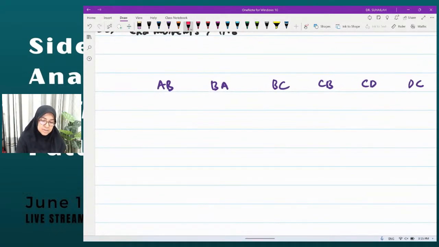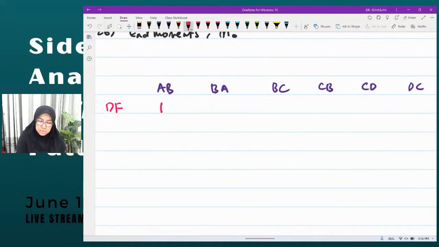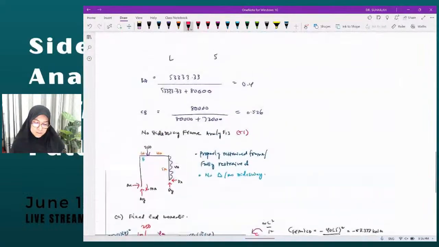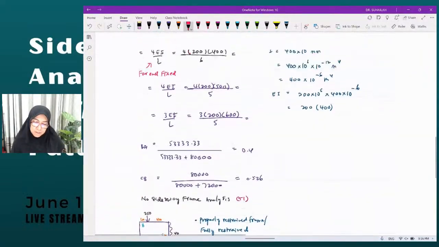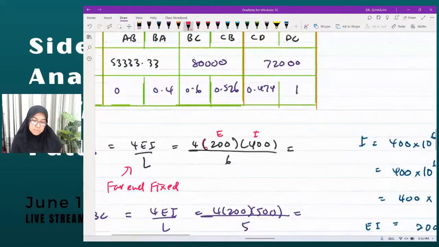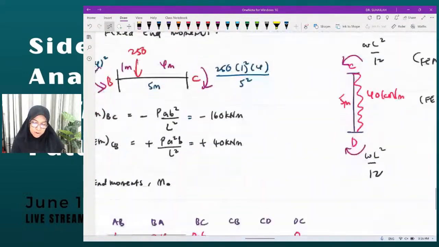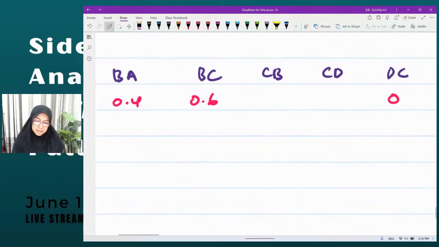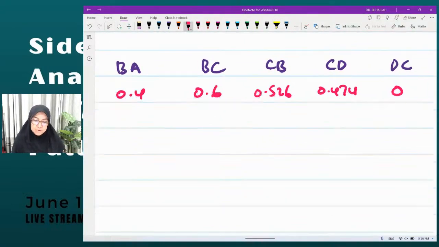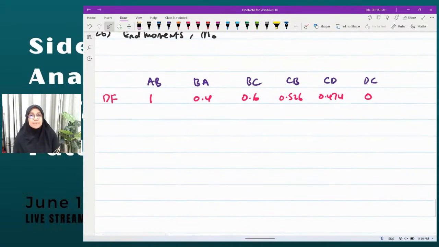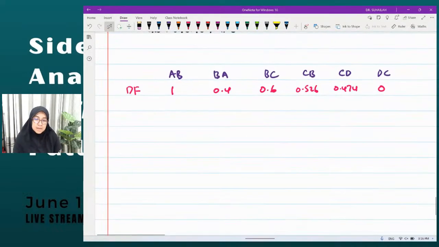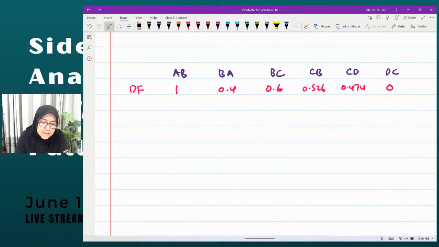Okay, so the distribution factors are 0, 0, 0.4, 0.6, 0.526, 0.474. Then we put the FEM.